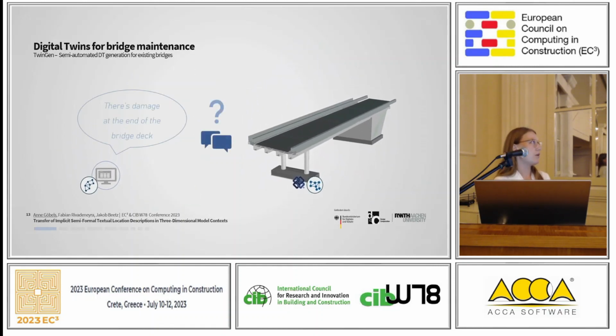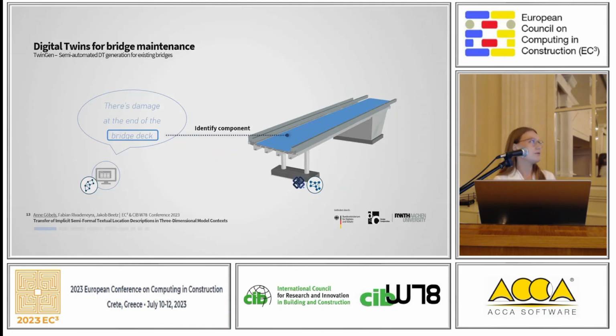Of course, the work I will present today is that we used linked data as a tool, which enables us to interlink these, but the links between the data sources do not happen magically. That's why we aimed to transfer this textual assignment and localization of information, which is natural to humans, to the 3D model.